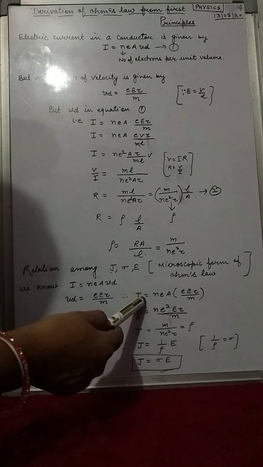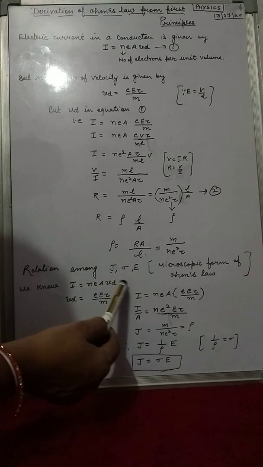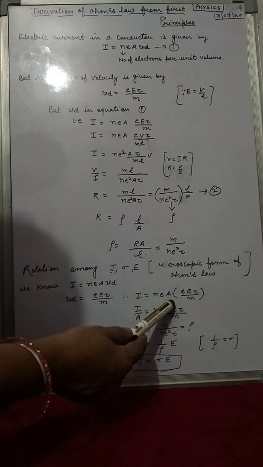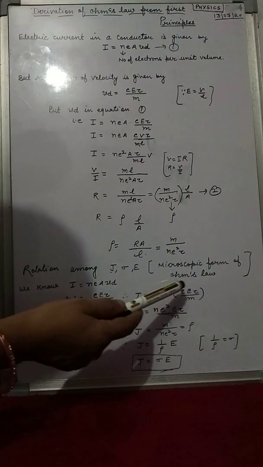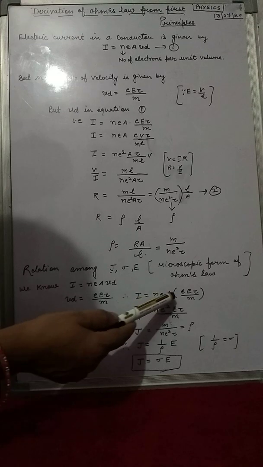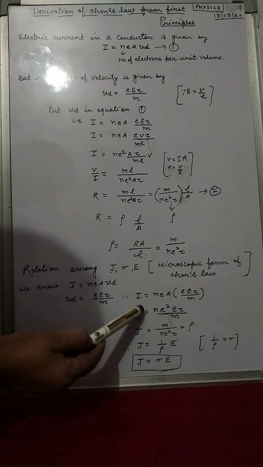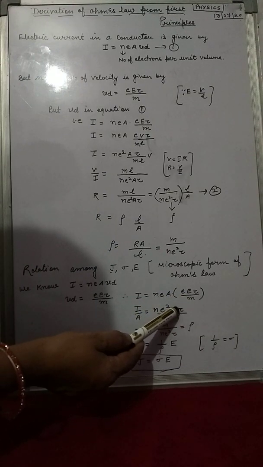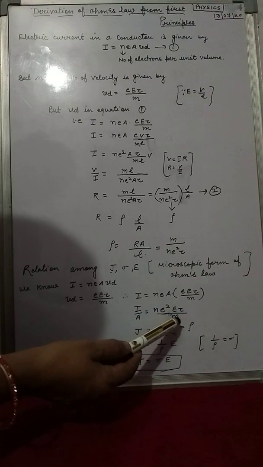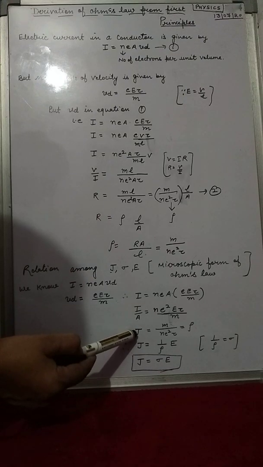Putting the value of vd, I = nAe·eEτ/m. Now bring this A to this side, so I/A = ne²Eτ/m. Now this I/A is J, the current density.